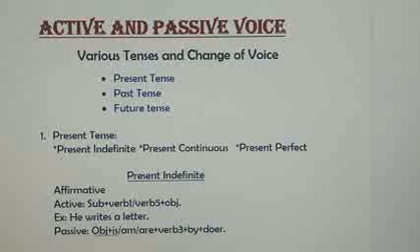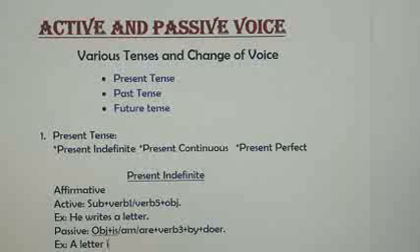So let's see an example for this one. I'm not going to write any other sentence. I'm just going to convert the same sentence that I have written in the active example into passive. So the conversion into passive will be: the object will come first, a letter, and a letter is singular, so we will use the singular auxiliary verb also.